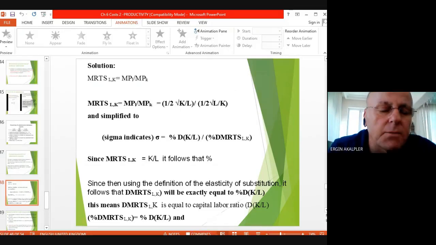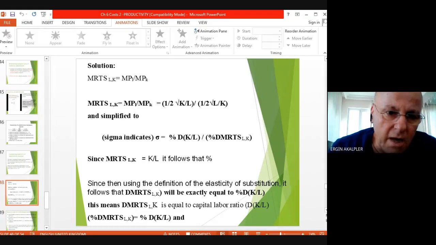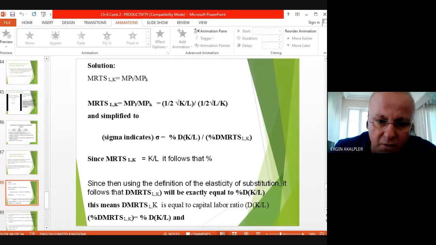The solution: the marginal rate of technical substitution of labor for capital is equal to the marginal productivity of labor divided by the marginal productivity of capital. If we take this derivation, it is 1 over 2 square root of K over L and 1 over 2 square root of L over K, and simplify it.